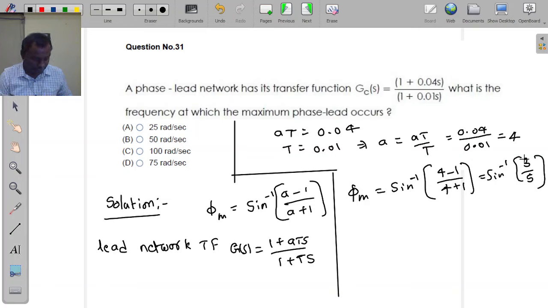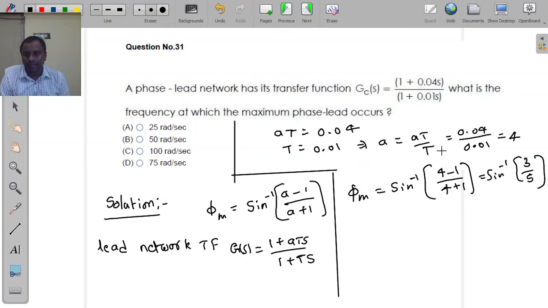Something answer is missing. Phase lead network has a transfer function 1 plus 0.04s, AT is 0.04, T is 0.01.